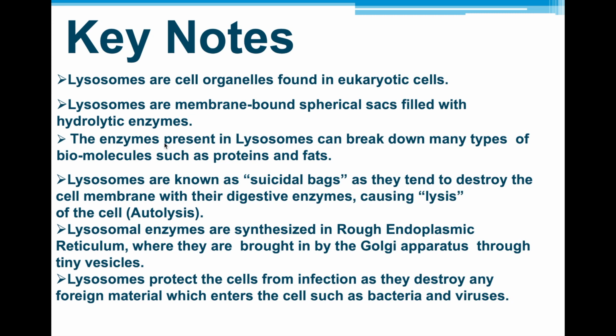The enzymes present in lysosomes can break down many types of biomolecules such as proteins and fats. Lysosomes are known as suicidal bags as they tend to destroy the cell membrane with their digestive enzymes, causing lysis of the cell, that is called as autolysis.